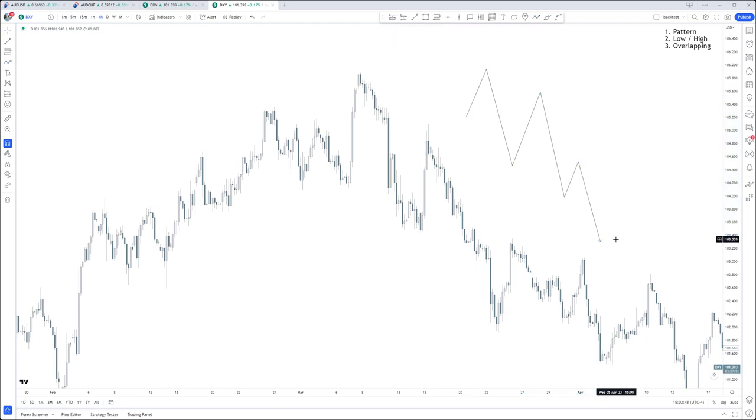Now, the third one is overlapping. Overlapping is indicating that at this mitigation block, there's another premium array, in this case premium array, because remember, we're going lower, so we are looking at premium arrays. There's another premium array overlapping with the mitigation block.